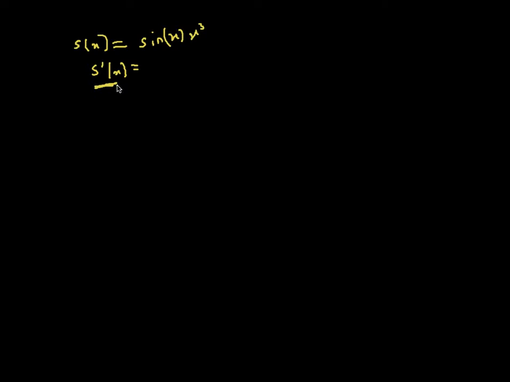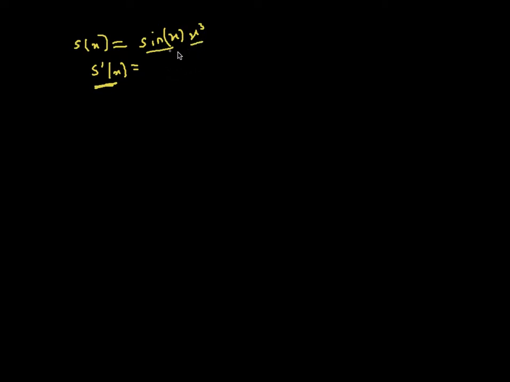So s prime of x is the same as the derivative of the function s of x. You know how to take the derivative of sine x, and you know how to take the derivative of x cube.